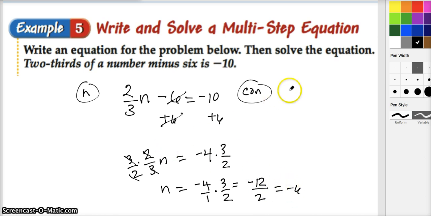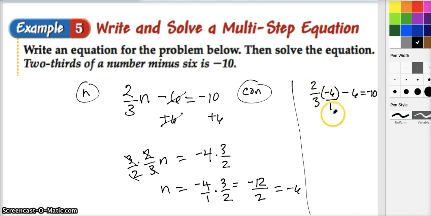They didn't ask me to solve, but since I'm awesome, I'm about to. They didn't ask me to check, but since I'm awesome, I'm going to check. So negative 6 goes there, minus 6 equals negative 10. Notice I rewrote the problem. I'm just plugging in values. Multiplication supersedes subtraction. So 2 over 3 times negative 6 is really going to be 2 over 3 times negative 6 over 1.